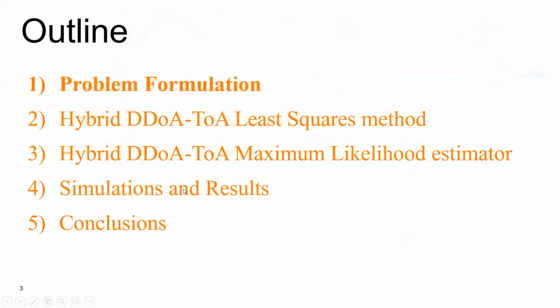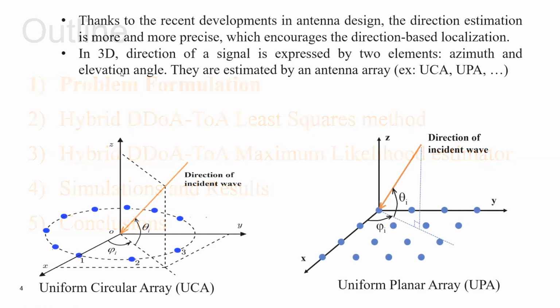Our presentation has 5 sections. In the first section, we show you the problem formulation. Thanks to the recent developments in antenna design, the direction estimation of a signal is more and more precise, which encourages direction-based localization.